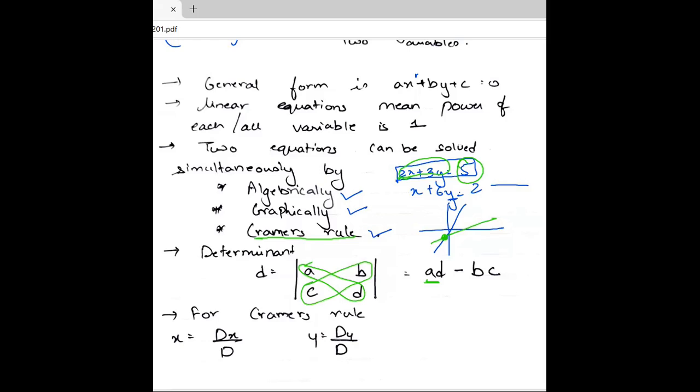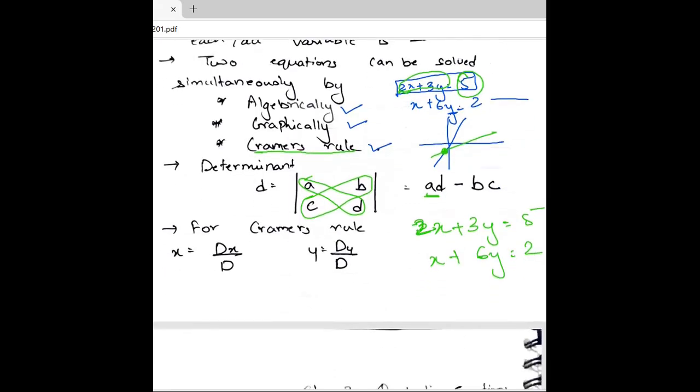In order to find the value of x and y using Cramer's rule, let's consider the same example: 2x plus 3y equals 5, and the second equation is x plus 6y equals 2. So, what would be the value of D over here?